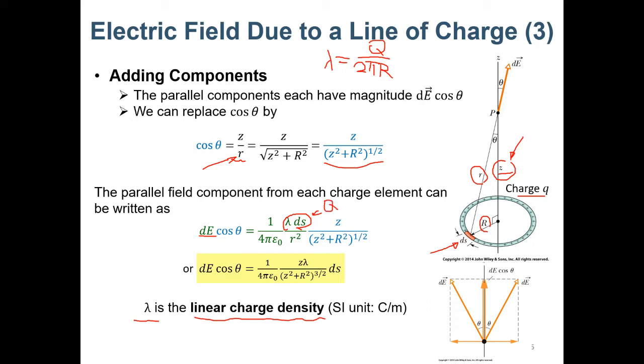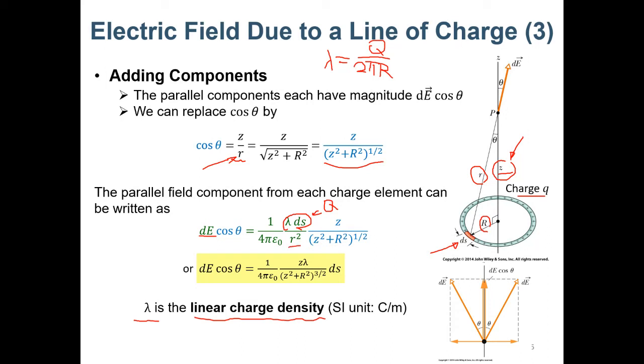But after we cut it into many small segments, we can regard this one as a point charge. But we need to know how much charge is on this infinitesimal segment. And the distance between ds and the point is small r.